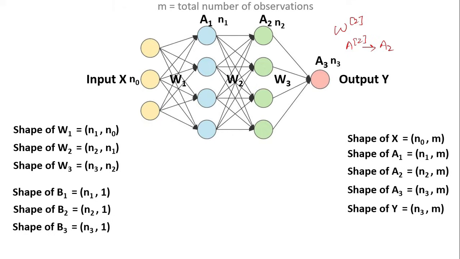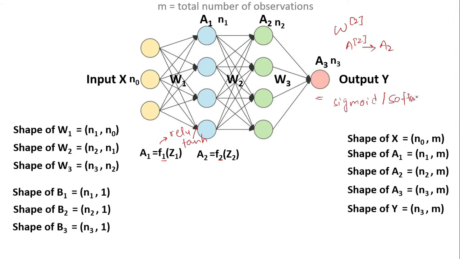Now about the activation functions that we are going to use. In the first layer, we will be using F1 as our activation function. In the next layer, we will be using F2. And these F1 and F2 are going to be either ReLU or tanh activation functions. We can use any of these two, so we will keep it as F1 and F2 respectively. For the output layer, we can either use sigmoid or softmax activation function.